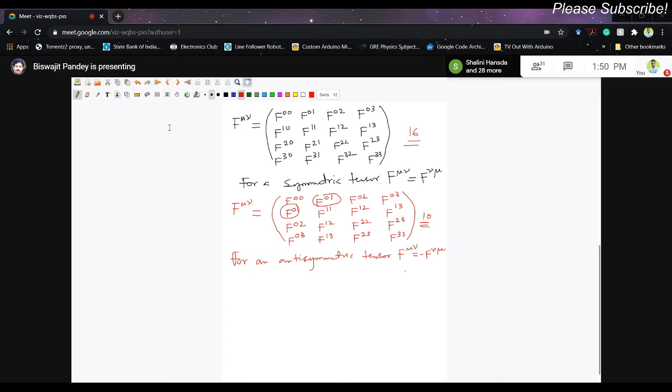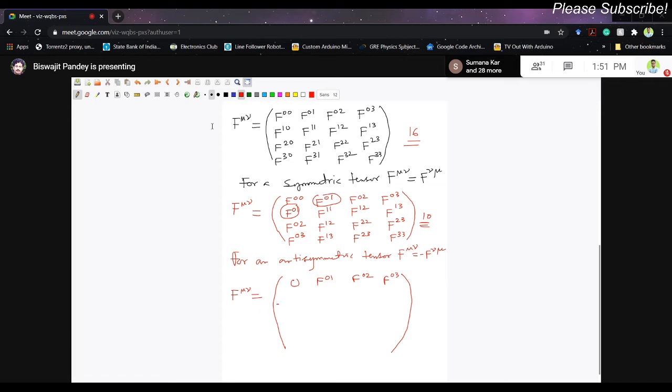So this is antisymmetric. And if it is an antisymmetric tensor, then if we write the second rank tensor, since this condition f mu nu equal to minus f nu mu has to be satisfied, the diagonal elements must vanish, right? You cannot have diagonal elements. So you are left with 0, f01, f02, f03.